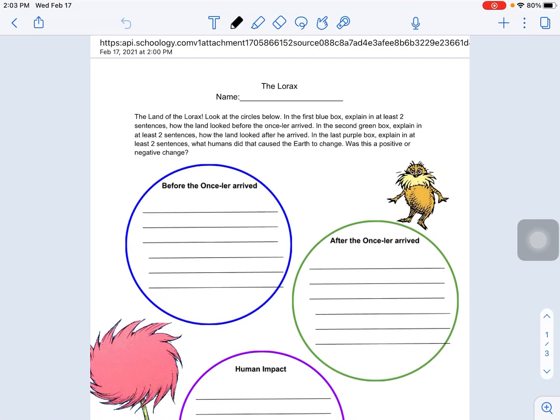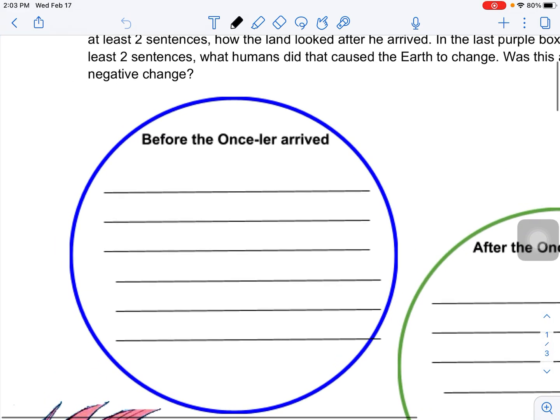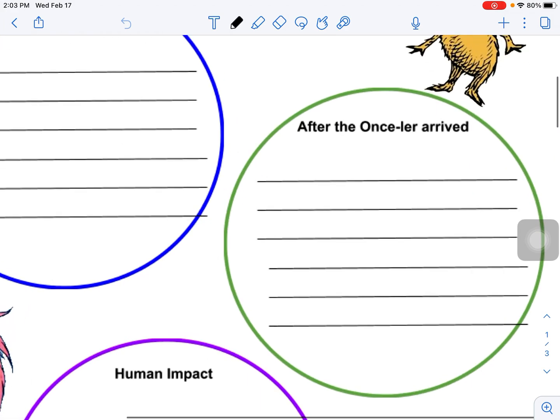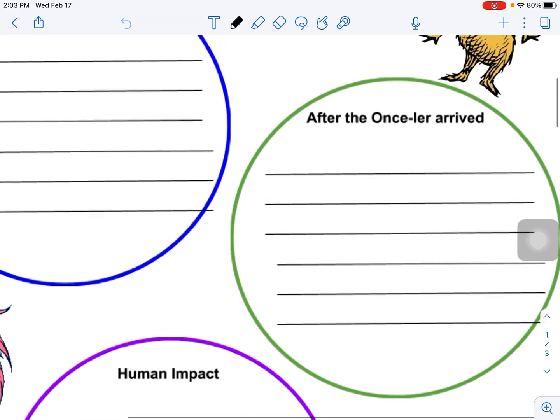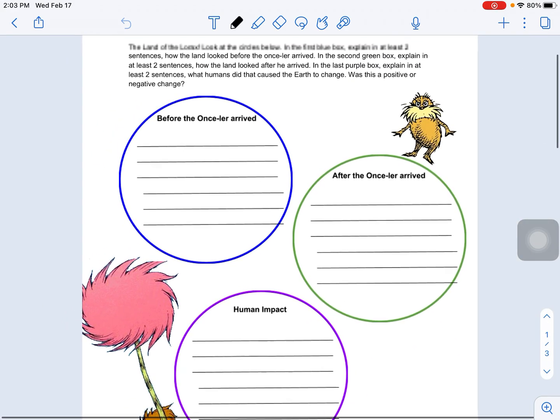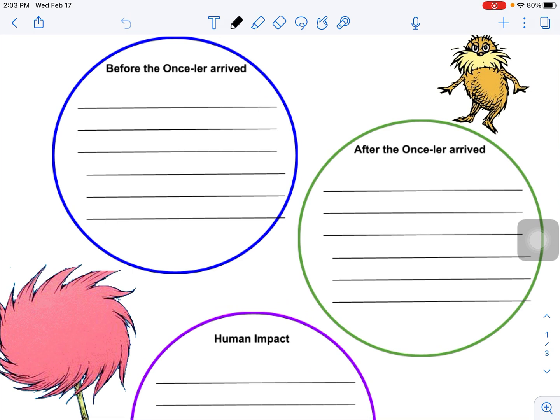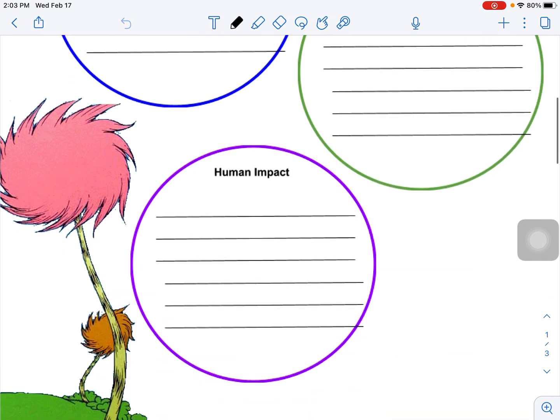So that will be in your first 2 boxes. You're going to explain in one box before the Oncer arrived. And in the second circle here, you're going to explain how the land looked after the Oncer left. So after he had taken a lot of the trees for his own factory, what was left behind after that?